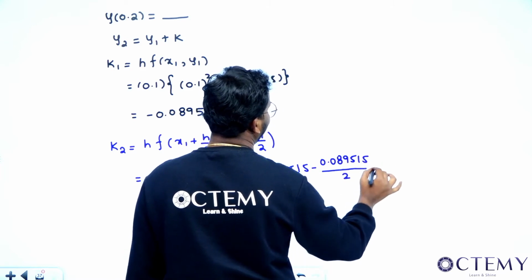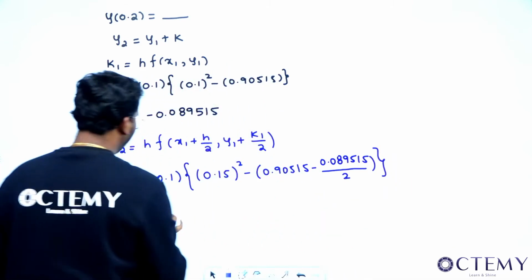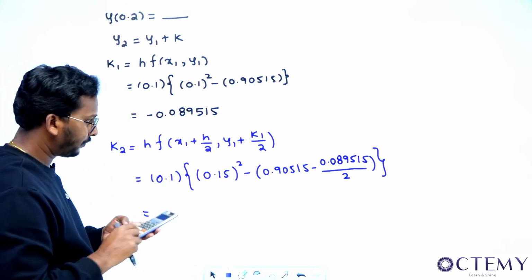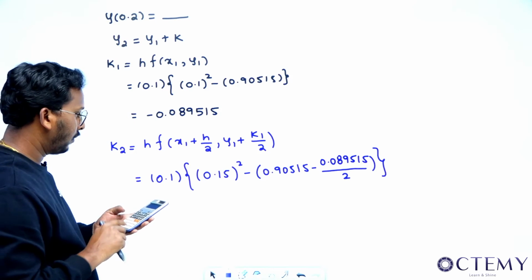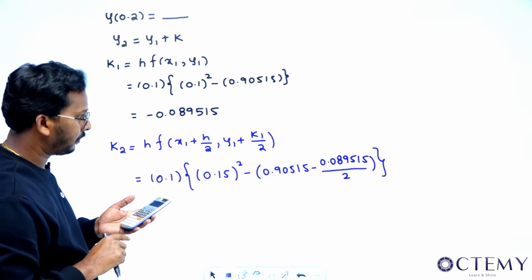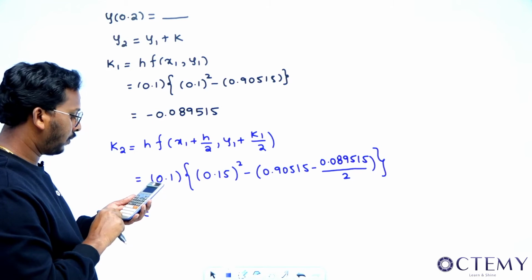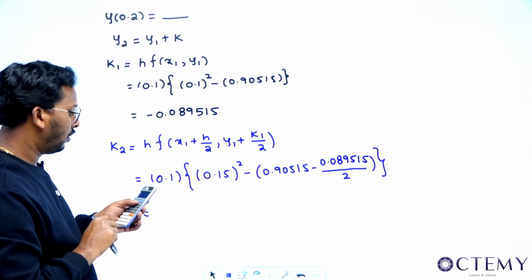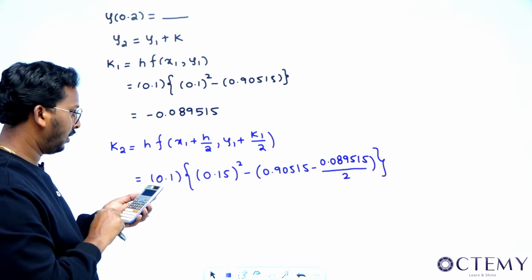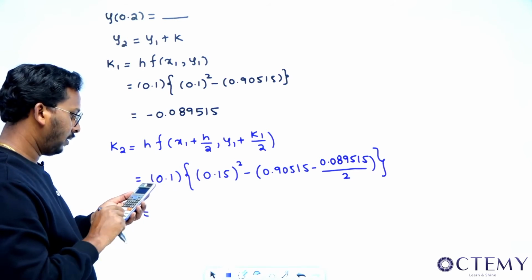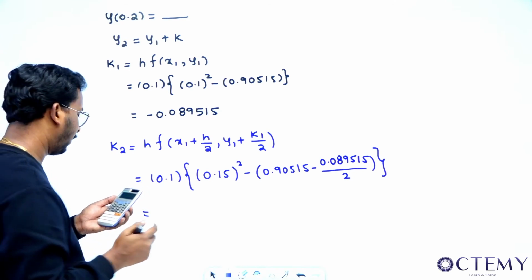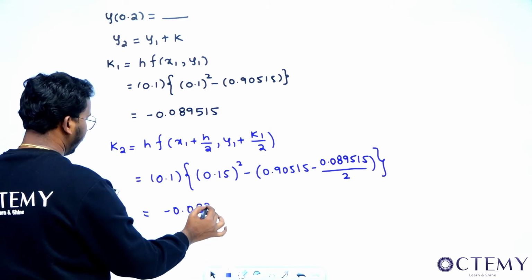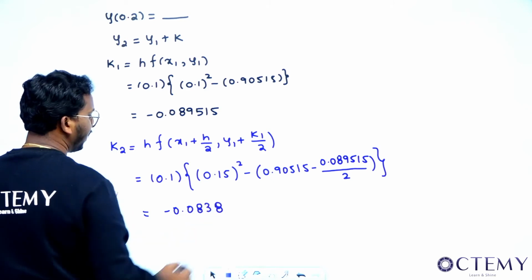This will become a bit tedious, sir. This is a textbook problem. So it becomes 0.15 square plus 0.089515 divided by 2 minus 0.90515, into 0.1. It will become minus 0.08378. Let me write it as 8 only.